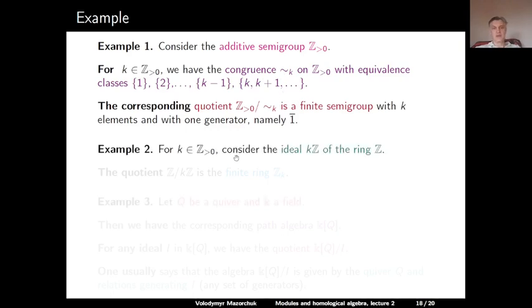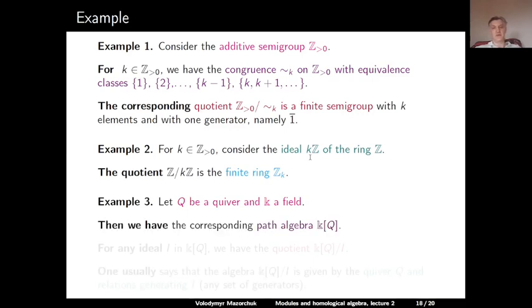Example 2. For a positive integer k, we have the ideal in the ring of all integers, which consists of all integers divisible by k. We can take the corresponding quotient, and this is exactly the finite arithmetic ring Z_k, which appears in elementary number theory. Example 3. Let Q be a quiver and K a field.